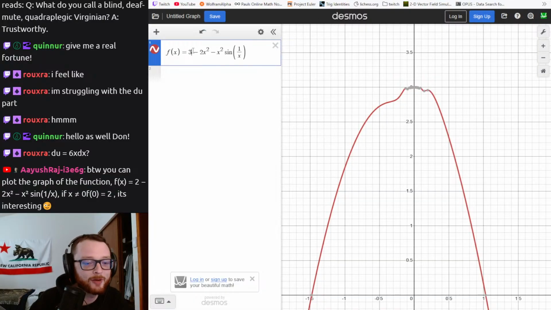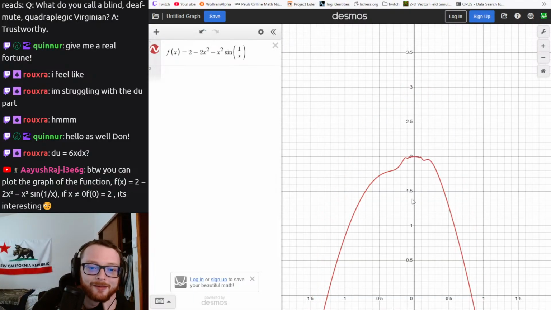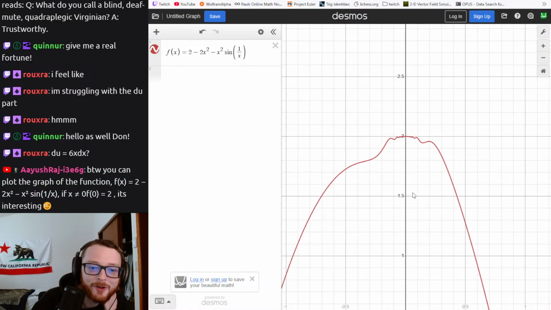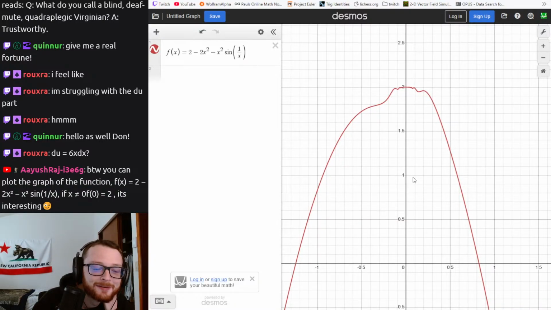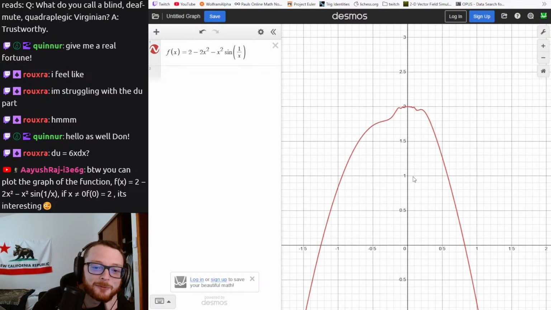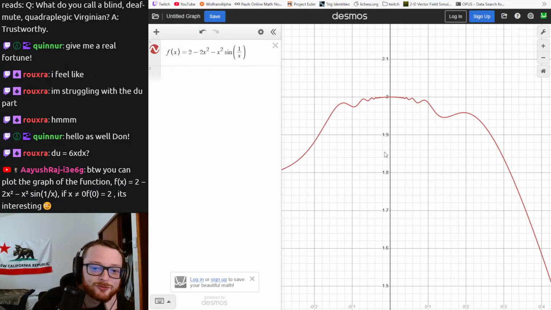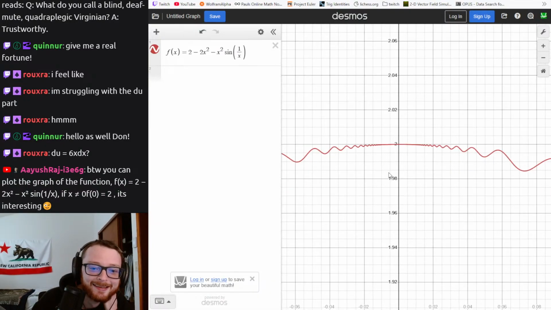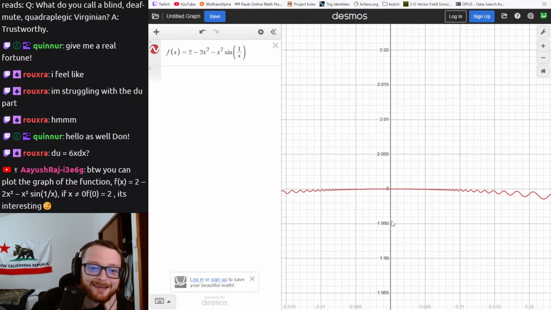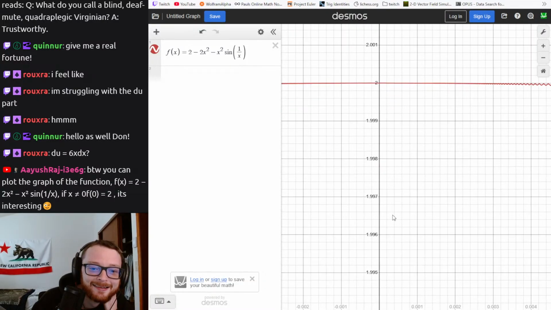Wait, I was wondering why it's not equal to 2 at 0. There we go. What a weird looking function. I hate that it's not symmetric. I really hate that. Actually, I hate this function in general.